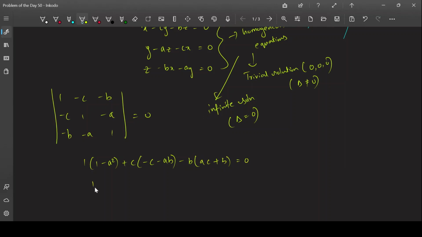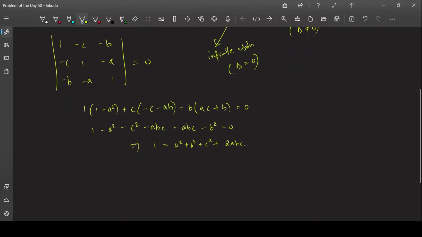So that is 1 minus a square, minus c square, minus abc, and minus abc, minus b square equal to 0. So that is 1 is equal to a square plus b square plus c square plus twice of abc. This is the equation that we have got.